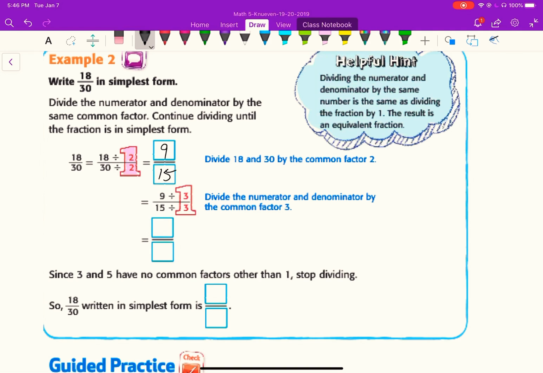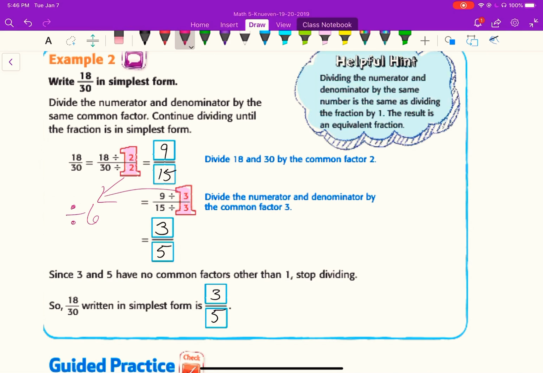Except I hope you are noticing that 9 and 15 both share a common factor of 3. Again, I'm going to factor a 3 out from each. 9 divided by 3 is 3. 15 divided by 3 is 5. So 18/30ths can be written in simplest form as 3/5. Now, looking at the two of these numbers here, 2 and 3, I could have simply divided each by 6 from the beginning.